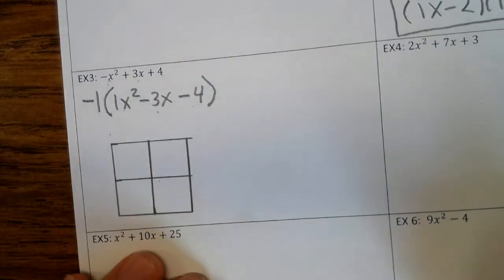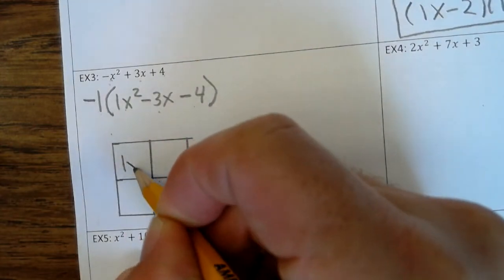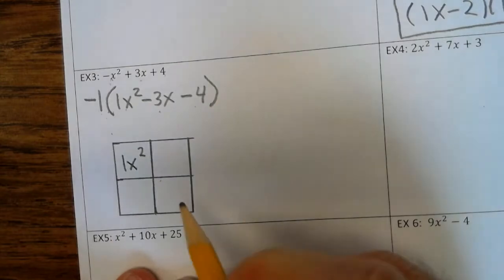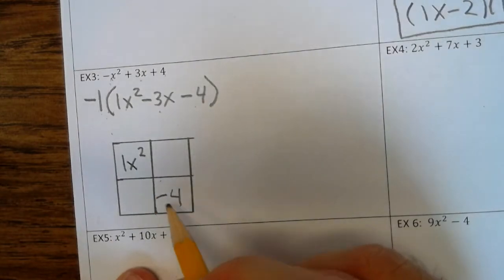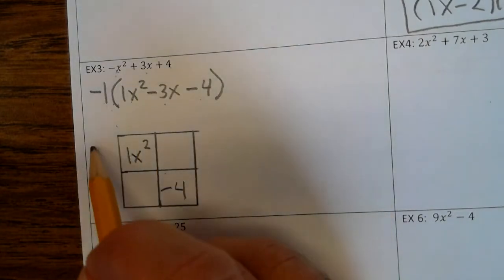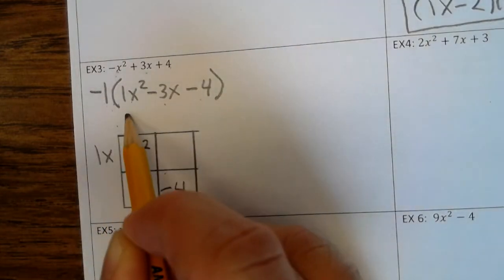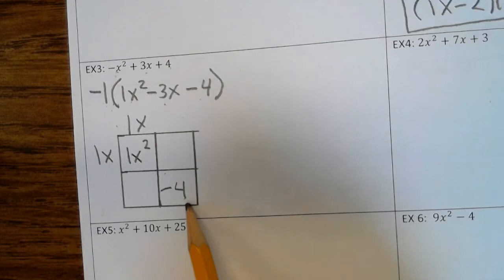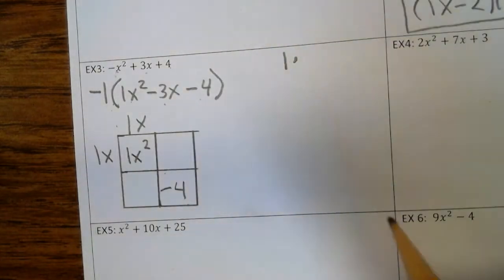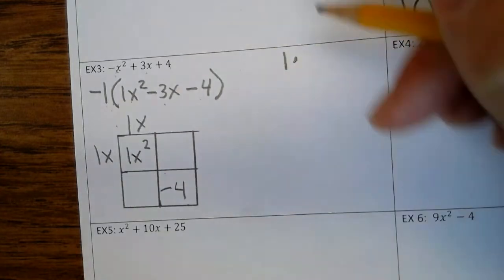All right, so first term, and we're not going to even worry about the negative 1. We'll put that back into our answer at the end, and negative 4. So reverse box method, you ask yourself, well, what do you multiply to give you 1x squared? Well, that's 1x, 1x. Now we need to find all the combinations to make negative 4. So 1 times negative 4.